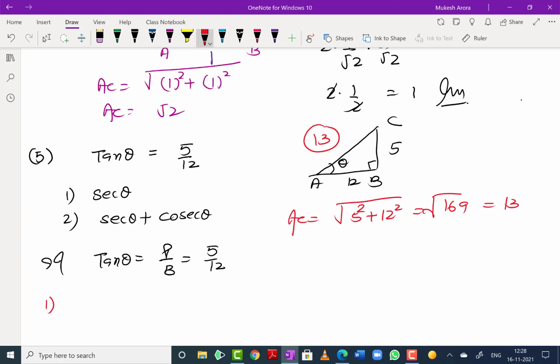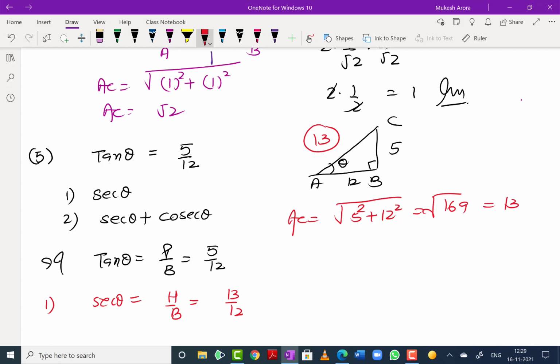So now the first is secant theta. Secant is hypotenuse upon base. Hypotenuse is 13 by 12.